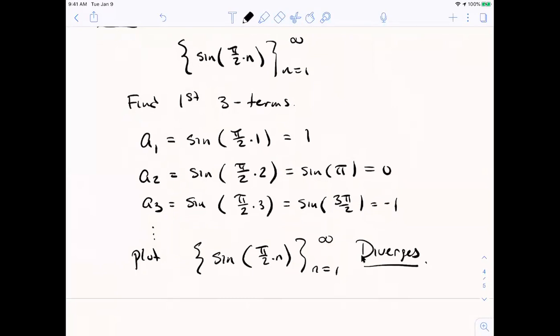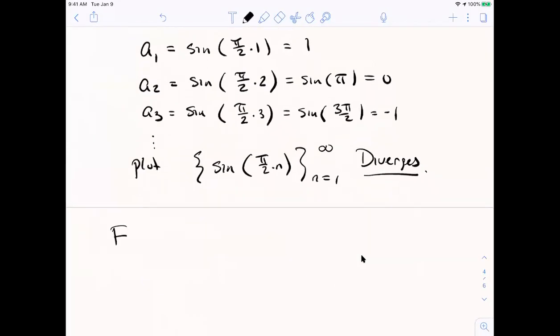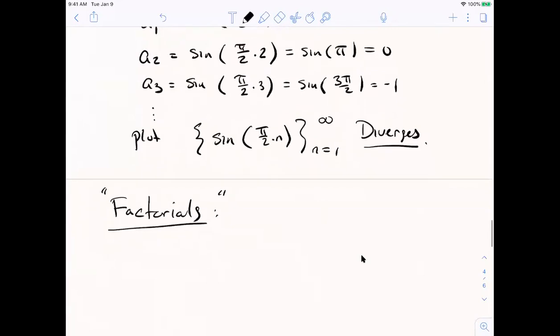Okay, one more thing I want to mention at the end of this. It's not really an example, but some of you may be familiar with this. Some may not. It's part of some of your homework questions, so I want to at least define what I mean by some of this notation. So what I'm defining is something called a factorial. And it's also a sequence. Let me tell you how I can define it.